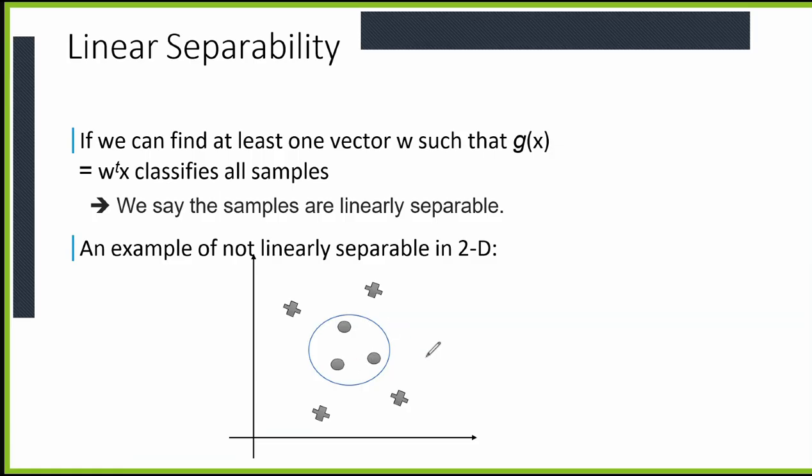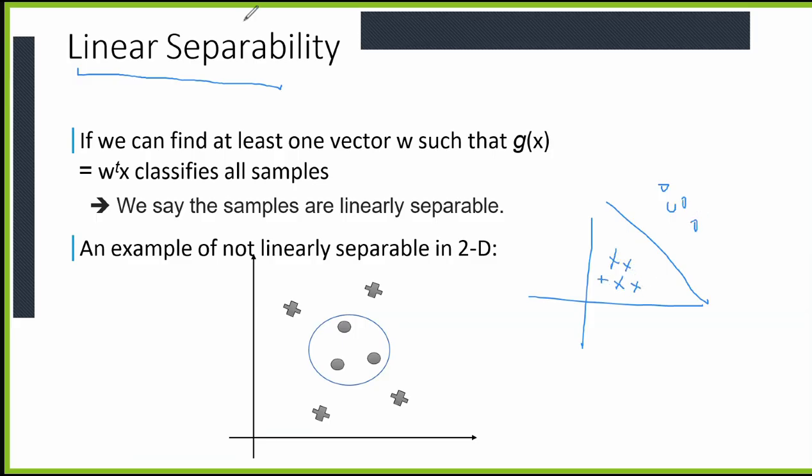They are not linearly separable. The data that are linearly separable look like the previous slide. So this is the concept of linear separability. And the support vector machine included in today's slides is applicable to this type of linearly separable data.